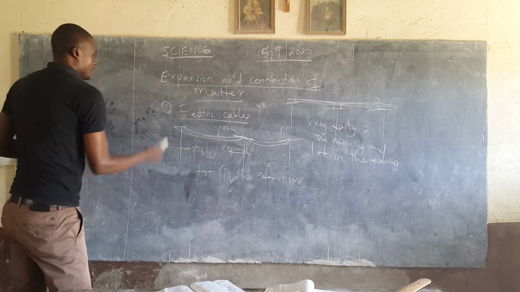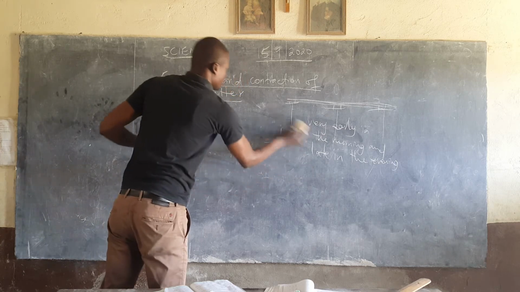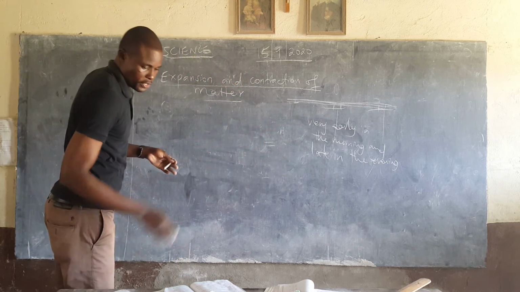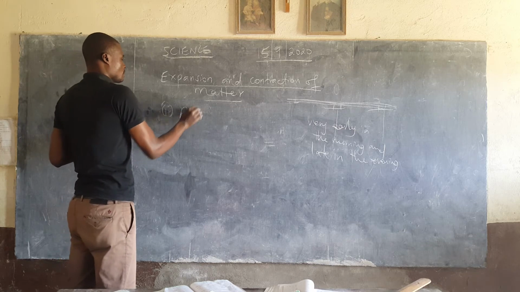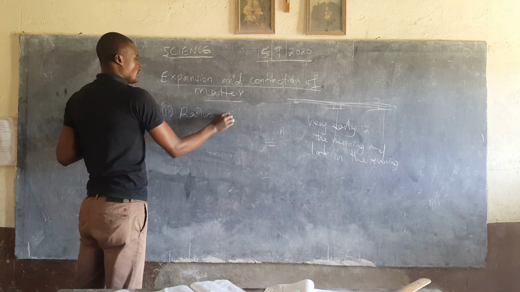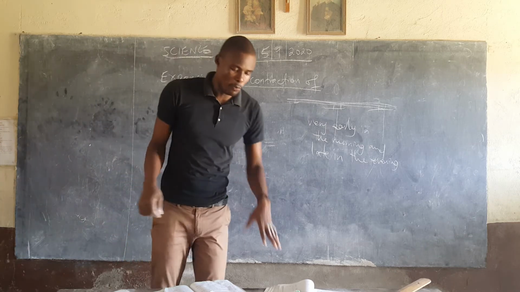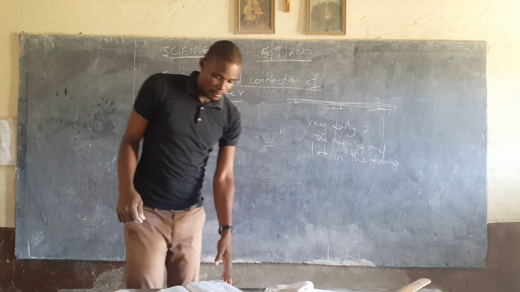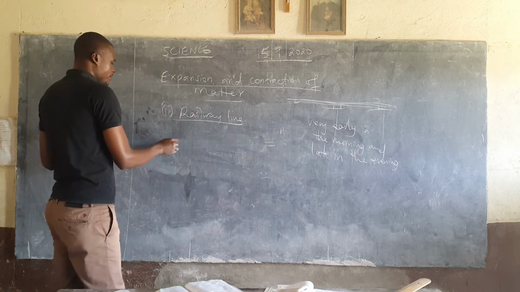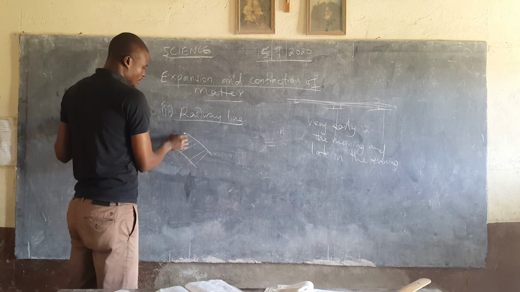After looking at that, go to number 2. Number 2 is going to be the railway line. I hope you have seen a railway line somewhere. Mostly in town we have a railway. In most cases you see them fixed in this manner.